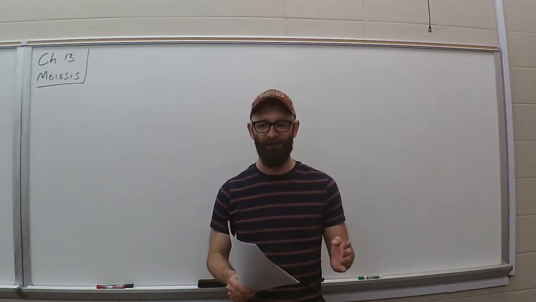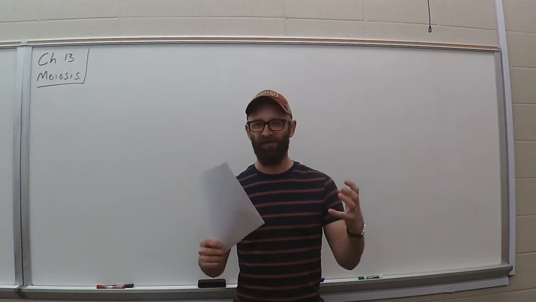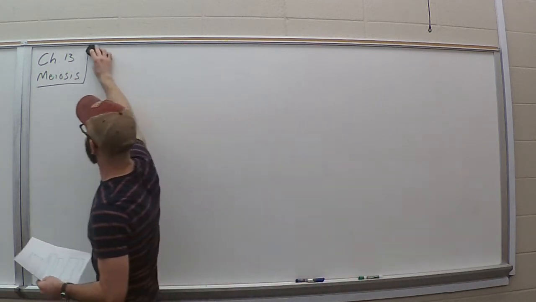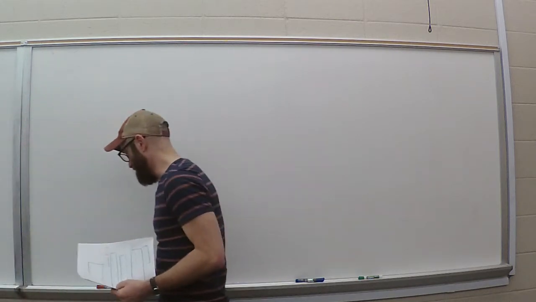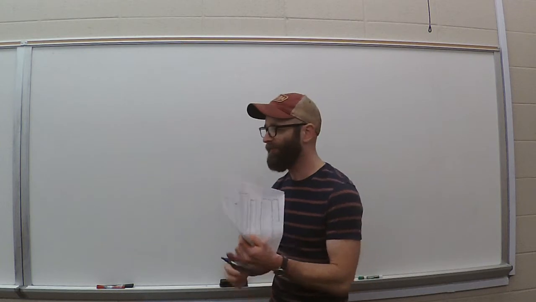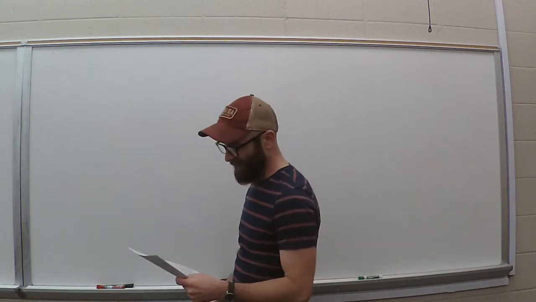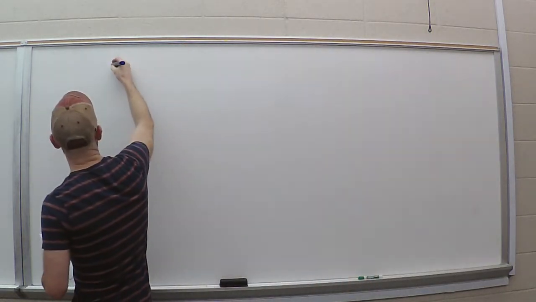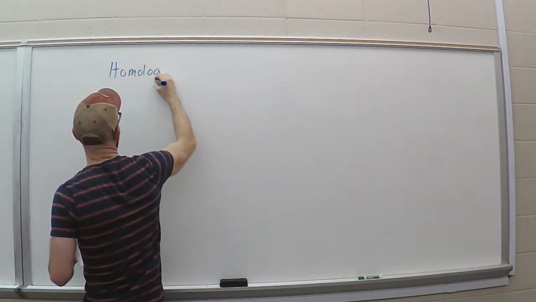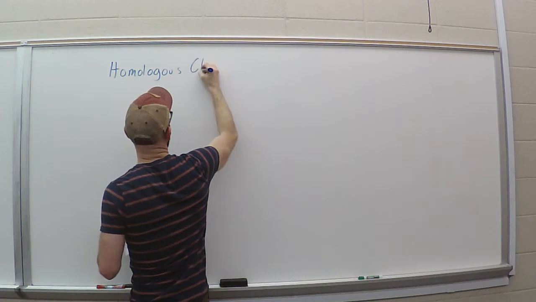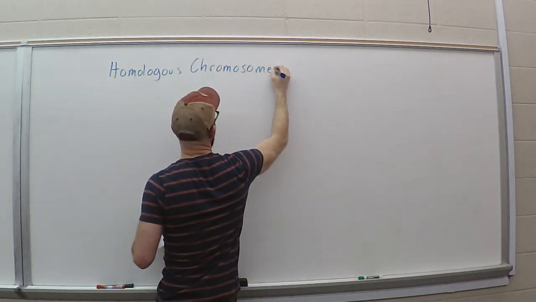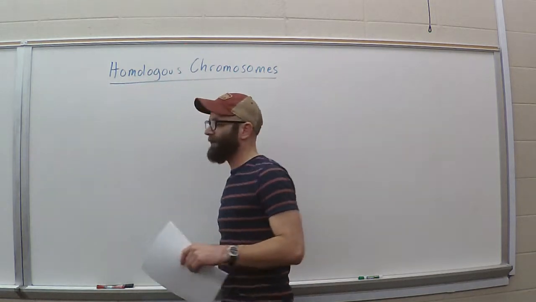But before we get into that, you need to understand what's going on with the chromosomes inside a cell. So, one thing we've talked about, but we haven't really fleshed out, is the idea of homologous chromosomes.